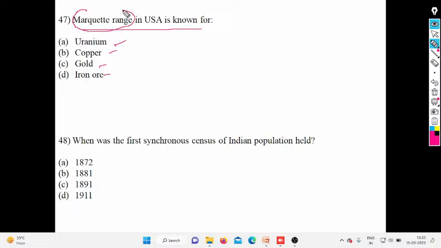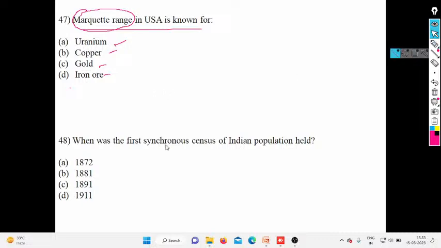Marquette Range in USA, it is basically iron ore. It is known for iron ore, particularly.